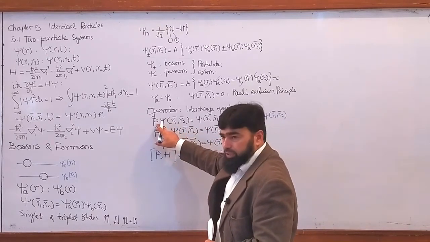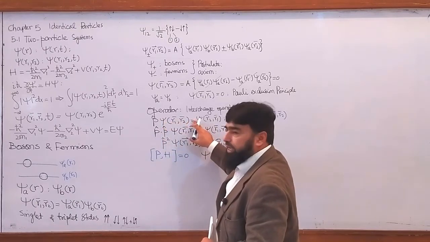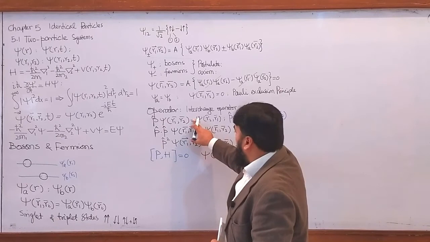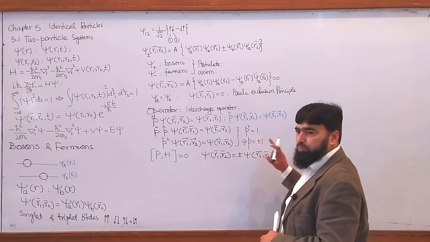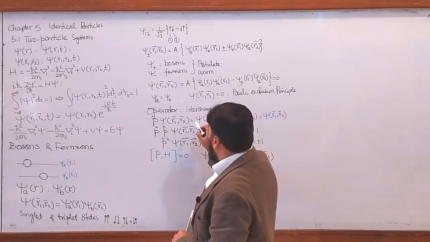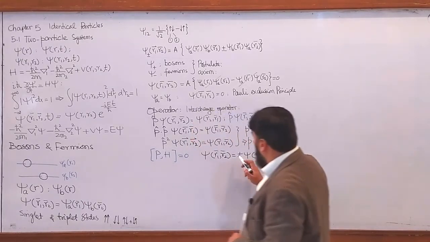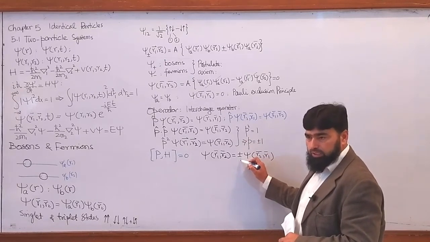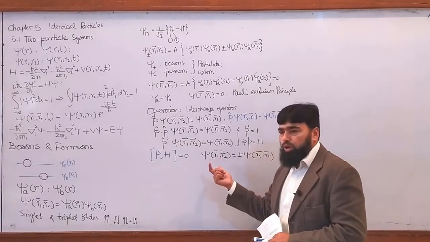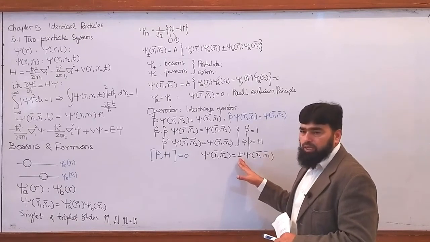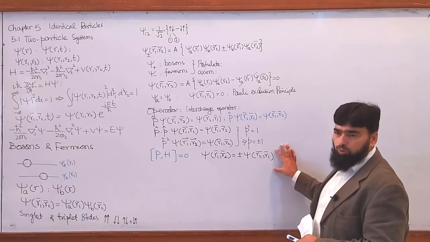The P operator operating on a wave function will give an eigenvalue. The eigenvalues are plus and minus 1 for the P operator. So this will be either plus 1 or minus 1, and I have written those here. If you exchange the coordinates and plus comes in, no problem, and this will be one kind of wave function.